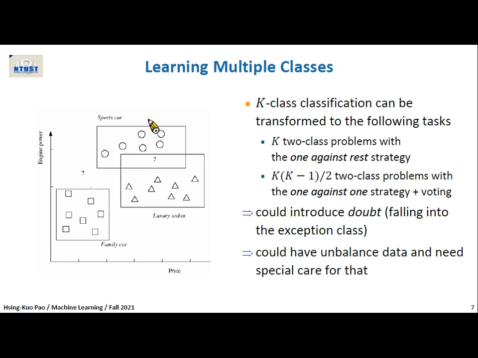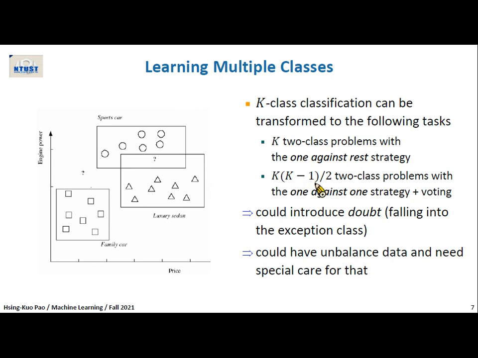We take turns to check each of the classifiers, and there'll be many of them. Which one says yes? If there's only one yes, then bingo. If there is more than one, we pick the one that gives the highest confidence value. On the other hand, if everyone says no, we pick the one that gives the lowest confidence value. So that's one strategy.